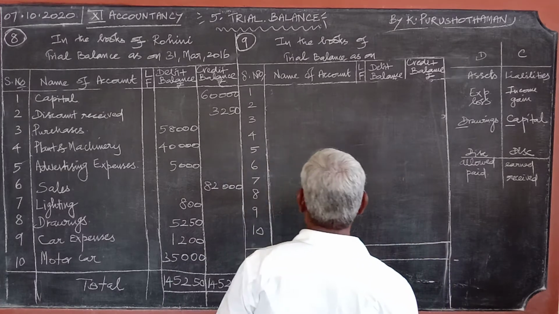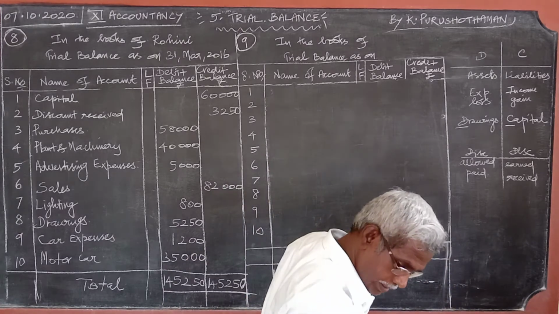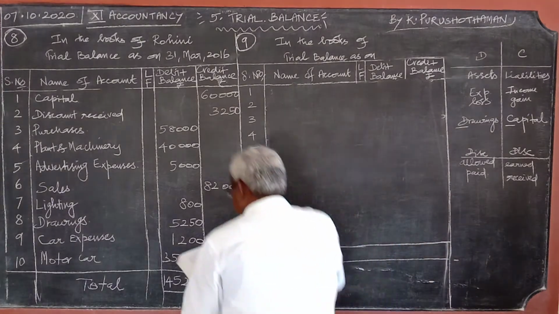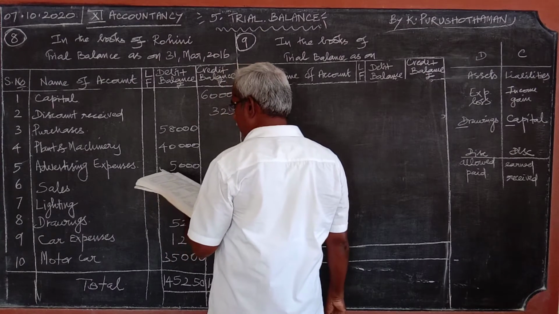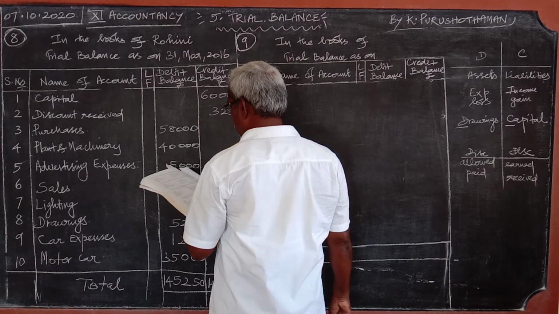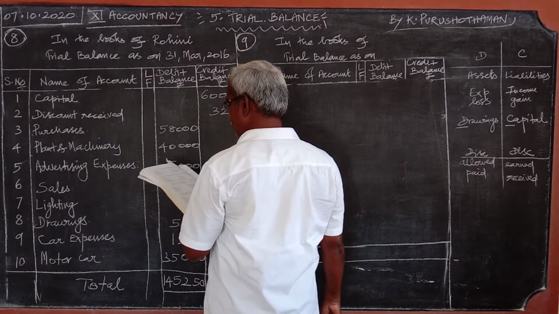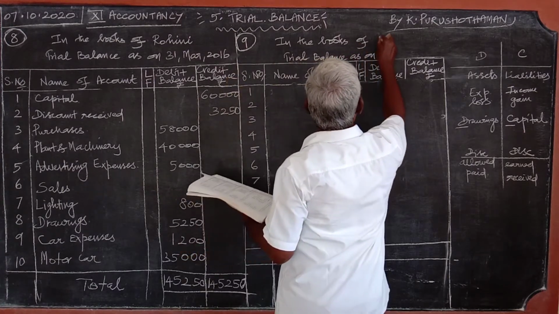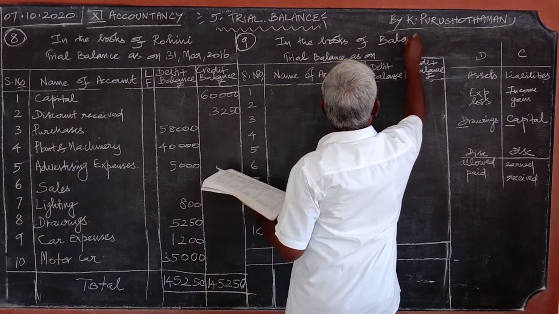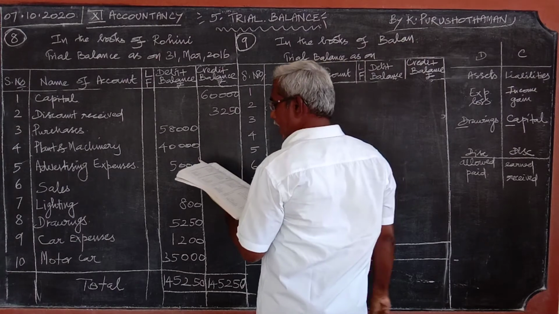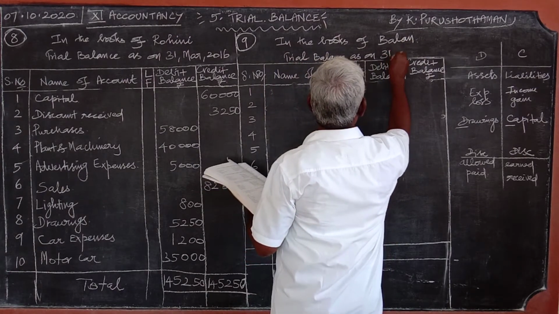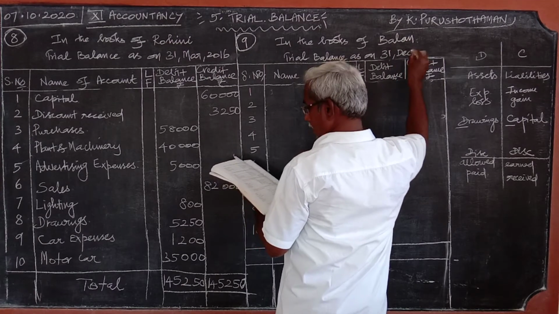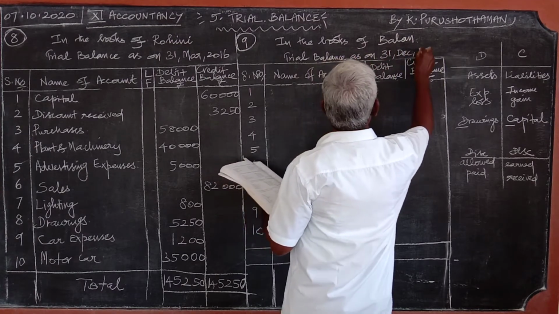Then the next problem, number 9. Balan, who has a car driving school, give you the following ledger balances. In the books of Balan, trial balance as on 31st December 2016.